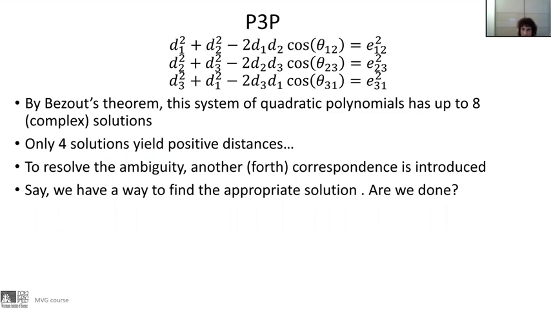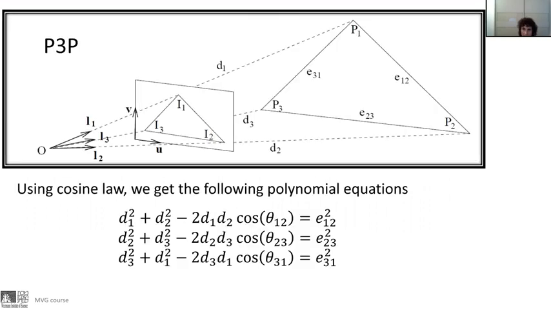Do you have any ideas? What gave me D1, D2, and D3? What did it give me in our 3D point? Exactly. D1, D2, and D3 actually gave me P1, P2, and P3 in terms of the local coordinate system. Why is that?